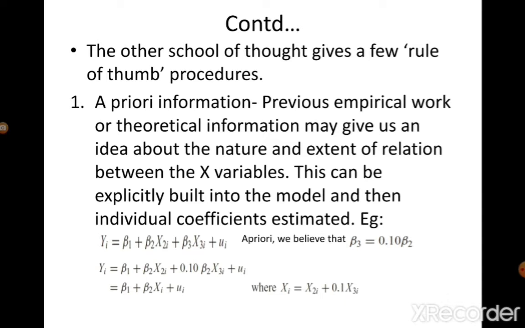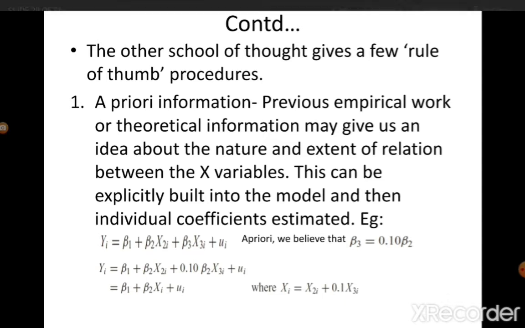There's an example given here. Suppose a priori we believe that beta 3 is 0.1 times beta 2. Then you can actually build it into this model where instead of beta 3, you have replaced it with 0.10 beta 2.